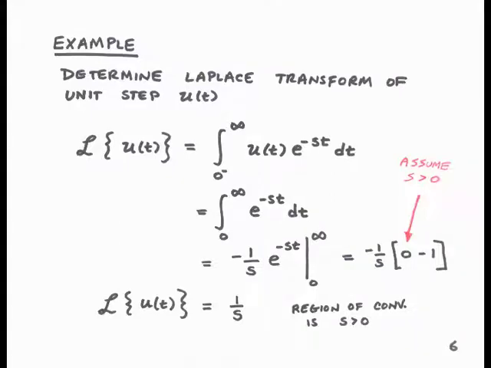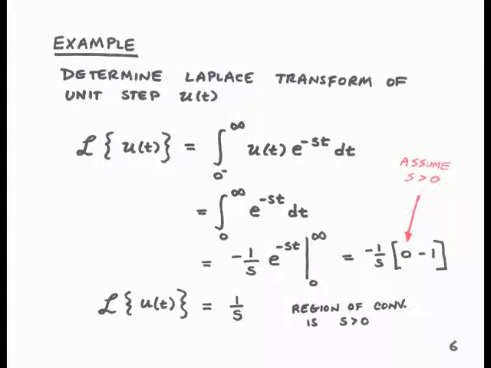In our second example, we'll determine the Laplace transform of the unit step signal. So the Laplace transform of the unit step is integral from 0 minus to infinity of the unit step times e to the minus st dt. Now the unit step over this range from 0 to infinity is 1.